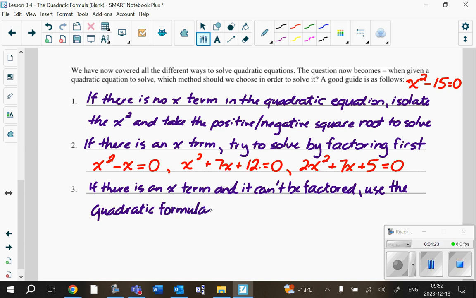And you will be given the quadratic formula. You don't have to memorize it, because I'm more concerned about how you are able to use it. So an example would be, it looks like it might be a factoring question, but you won't be able to factor it.